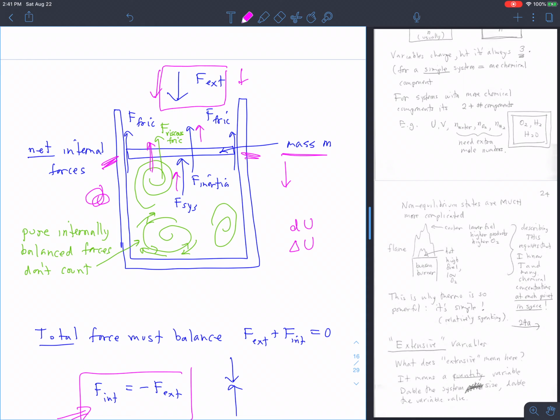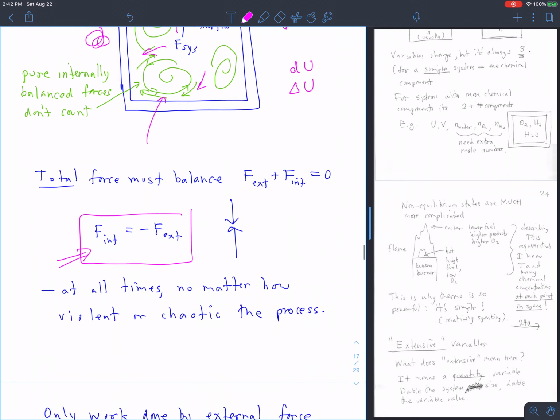But the internal force and all these complicated things don't change the system energy because they just, for example, looking at some frictional forces deep inside the system, yes, there's all kinds of frictions and forces and works being done in here, but they don't transfer any energy out or into the system. They just transfer energy around inside the system. So the total system energy doesn't change because of them.